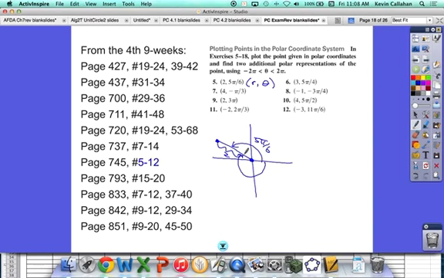Negative 7 pi over 6. 7 pi over 6 is to go pi over 6 beyond, so we're going to go negative 7 pi over 6. So we could say this is 2, negative 7 pi over 6. And then what was the other way that we came up with representations? It was a little tricky. It involved negative radius.